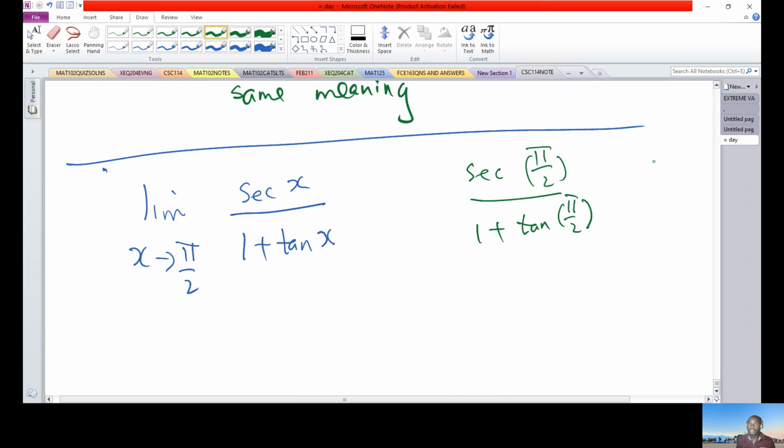You realize that this is infinity over infinity. Remember, sec is 1 over cos, and cos of 90 degrees is 0, so it's like we have 1 over 0. Tan is the same as sine over cos, so we have 1 plus also a very large number, giving us infinity over infinity. So L'Hospital's rule applies.